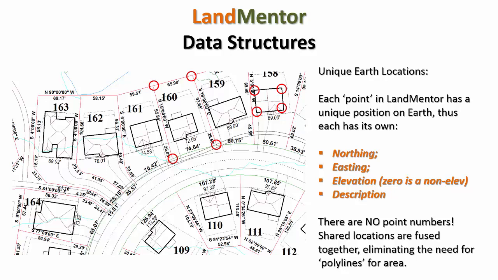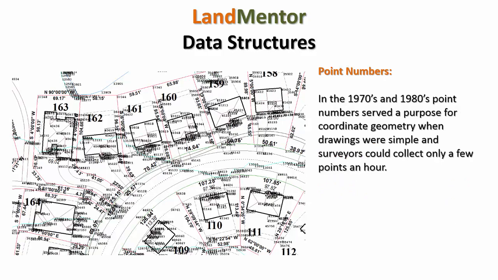There are no points stacked on each other. There's no point replication. If you have 50 lines going to 1 point, you have 1 point in memory. In CAD, if you have 50 lines going to the same location, you have 50 points in memory. Point numbers served their purposes 30, 40 years ago when there wasn't much data being generated.